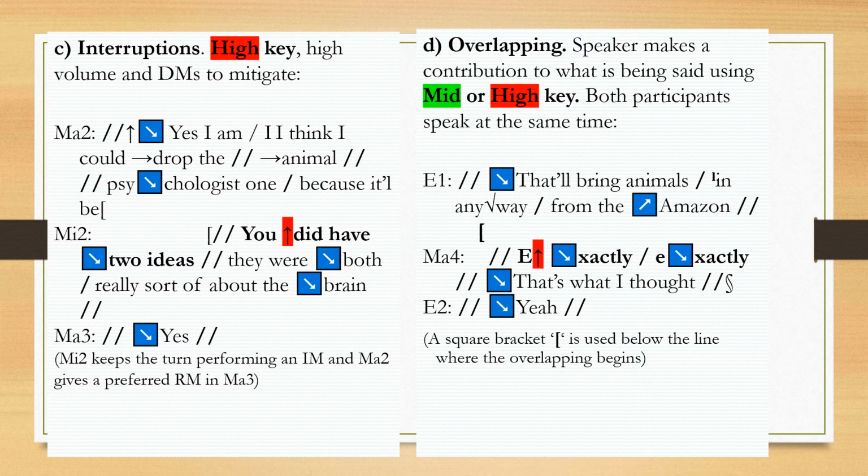Overlapping is similar to interruption because we can notice at the end of the speaking turn by one speaker, that there is another speaker who has intruded. But the difference with interruption is that the overlapping is usually involuntary.